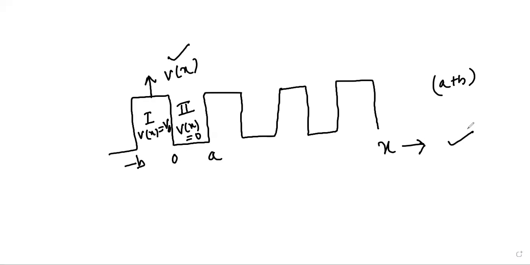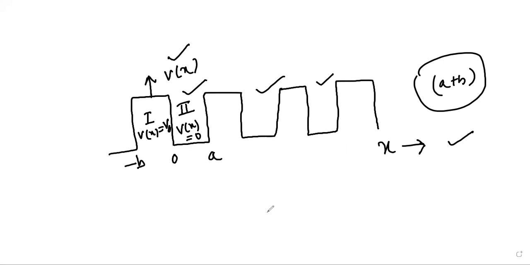Now the potential energy of an electron in a linear array of positive nuclei is assumed to have the form of a periodic array of square wells, a series of wells with period a plus b. That's what we considered in this mathematical model.